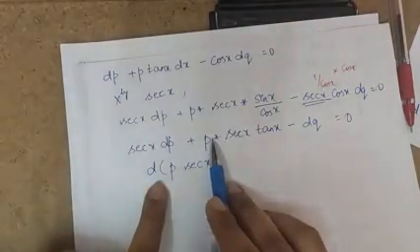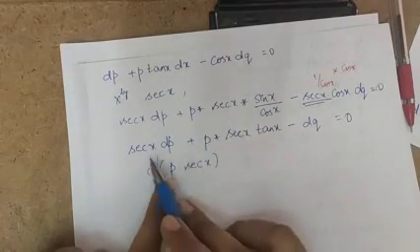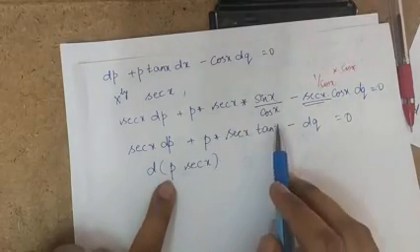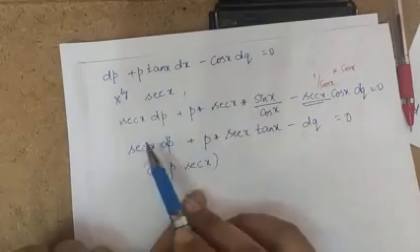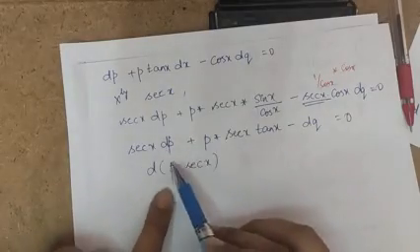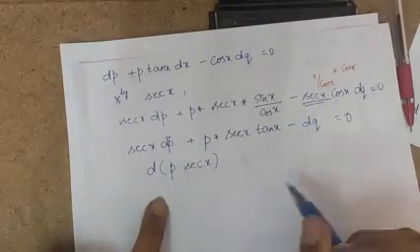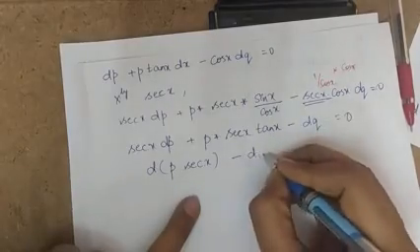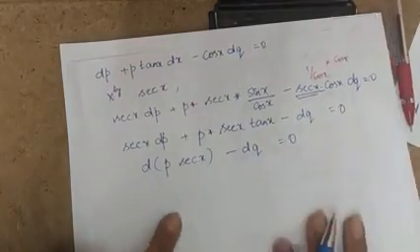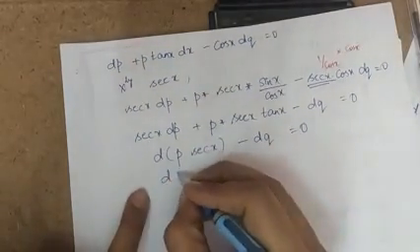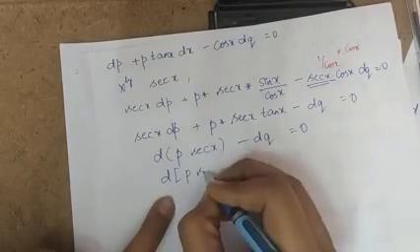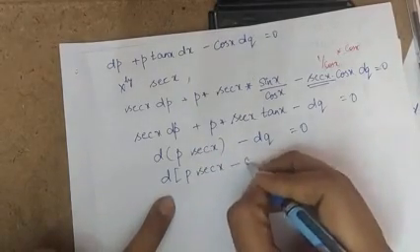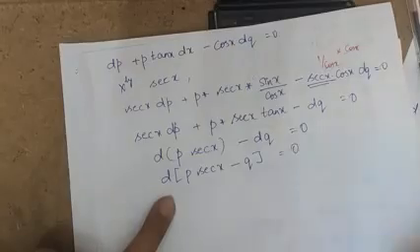First you will write p as it is, and differentiation of secant x is secant x into tan x. Next, secant x as it is, you will differentiate p, that is nothing but dp, minus dq is equal to 0. So I can write this as d of p secant x minus q is equal to 0.